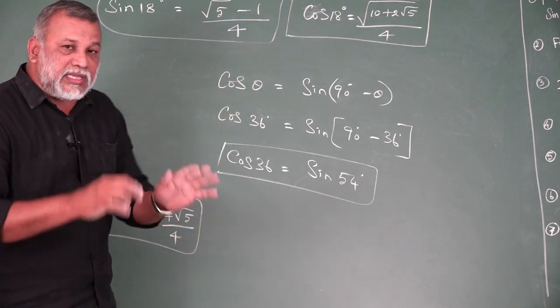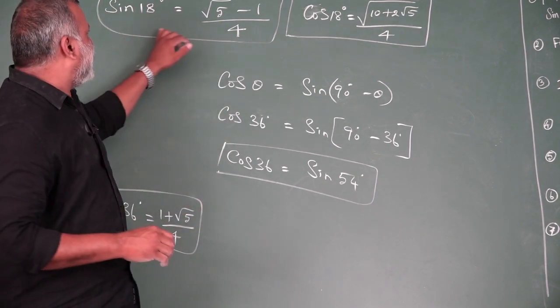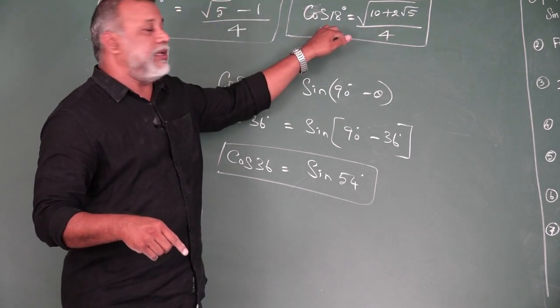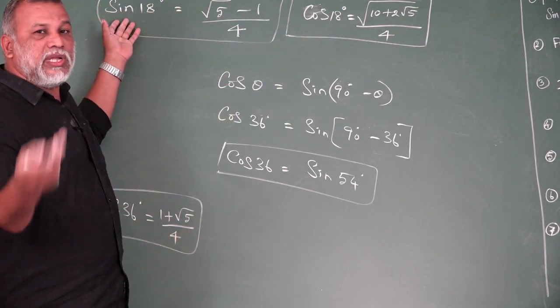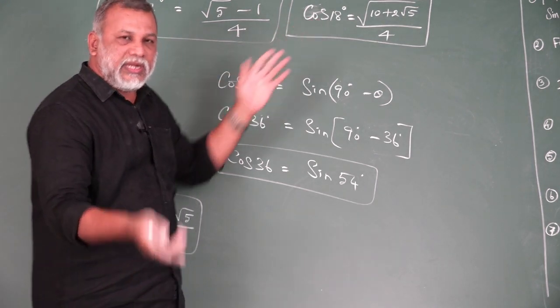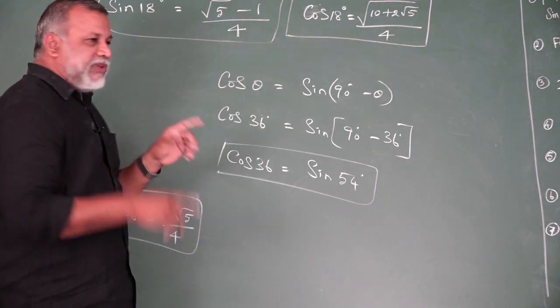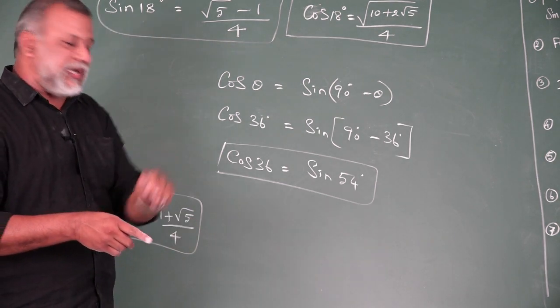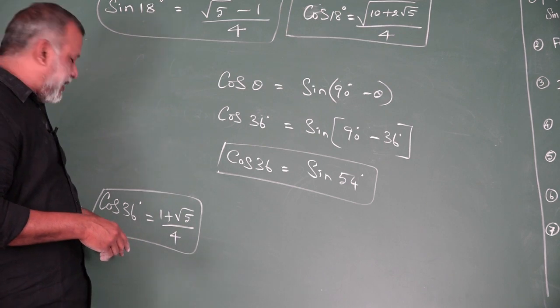These are the 6 derivation parts. The first one is sine 18 degrees. From that we are able to derive cos 18. So sine 18 is equal to cos 72, and cos 18 is equal to sine 72. That is the complementary relation. Again we are able to derive the cos 2 theta formula. With the help of cos 2 theta we are able to derive cos 36.